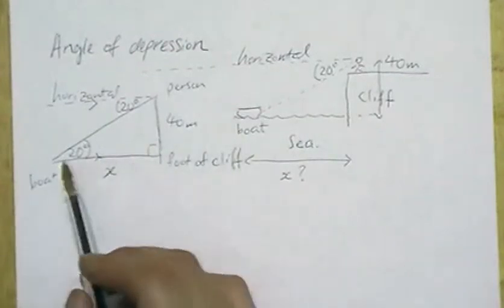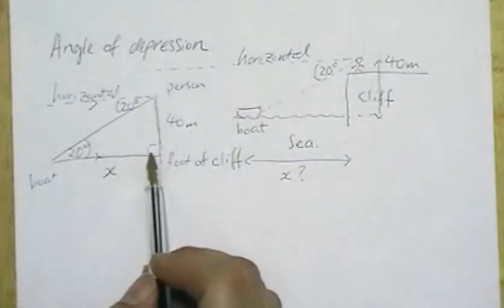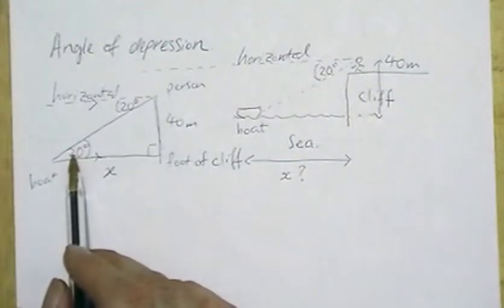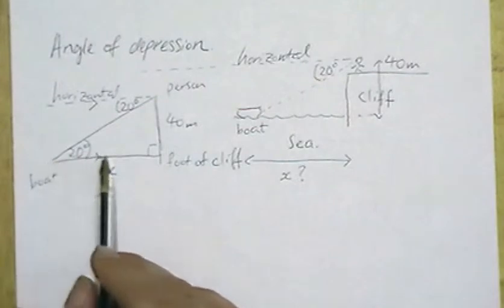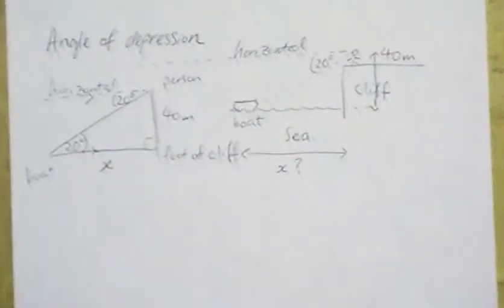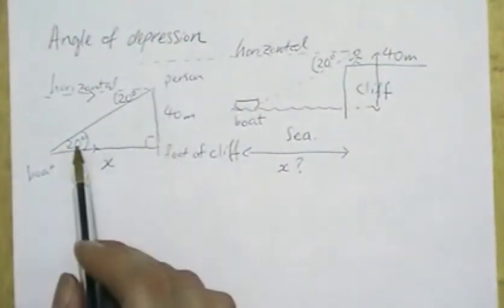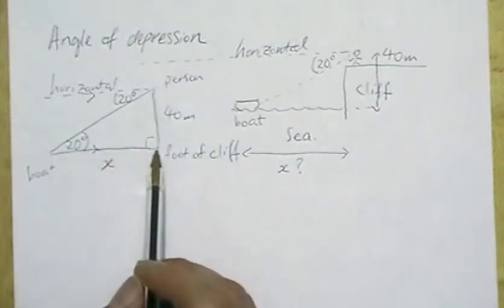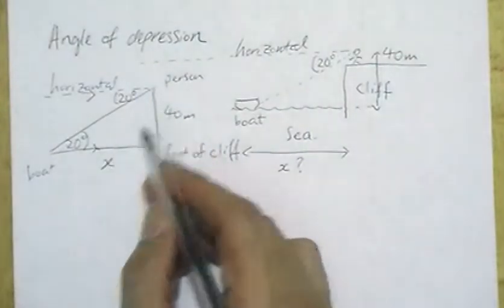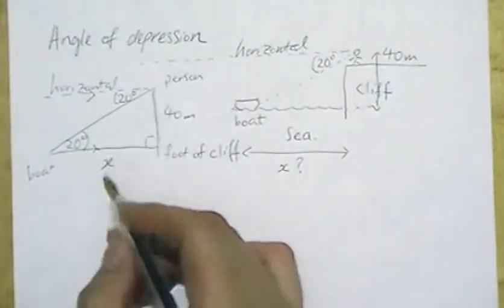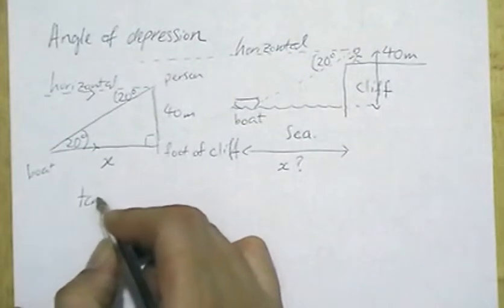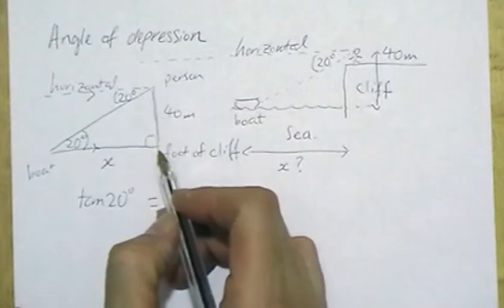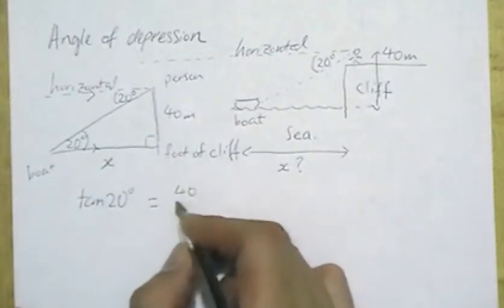Okay, so now we have a right angled triangle, vertical 40 meters, angle 20 degrees, and we must find x. Alright, so for this angle, this side is the adjacent side, and that's the opposite. So the relation between them would be tan 20 degrees equals opposite over adjacent.